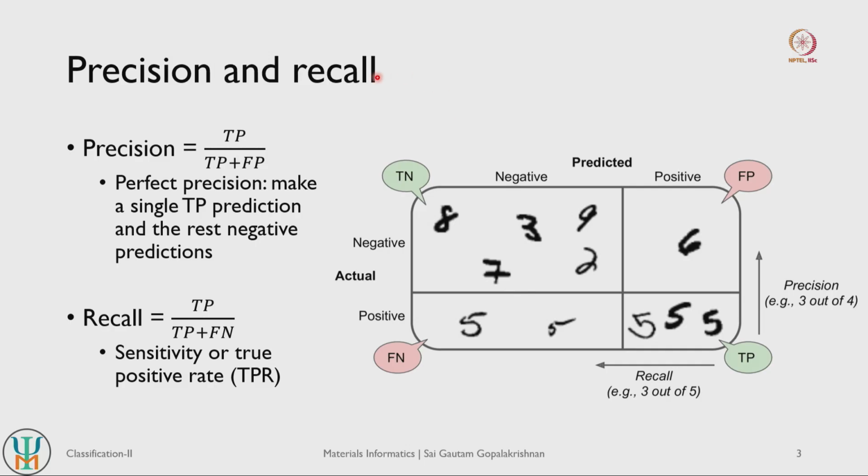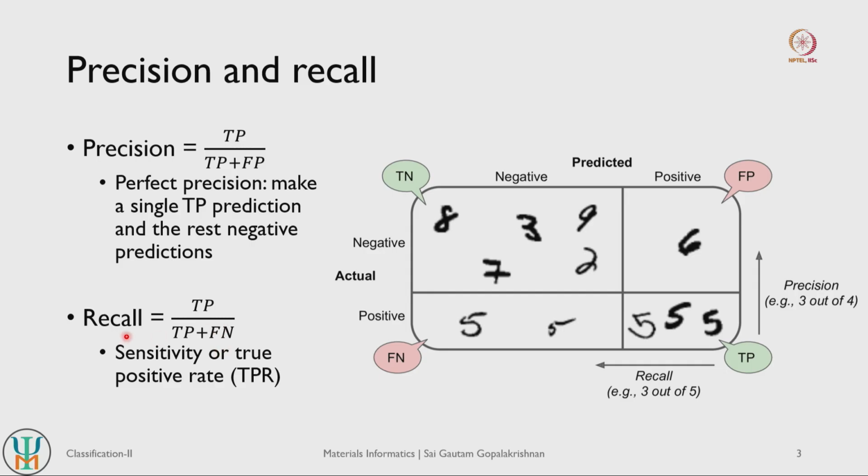Okay. So we looked at the confusion matrix, which has a combination of true positives, false positives, true negatives and false negatives, and within those we can define two powerful performance metrics. One is referred to as precision, which is the ratio of true positives divided by the total number of positive predictions that you make, and the second is recall, which is the ratio of true positives divided by the true positives and false negative predictions.